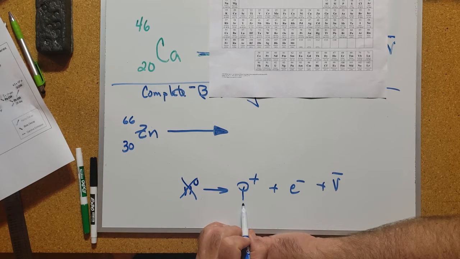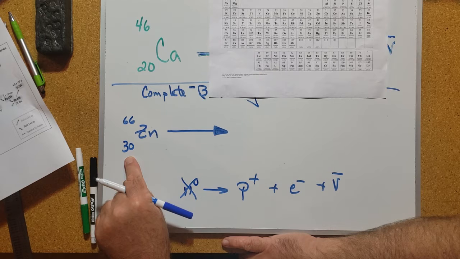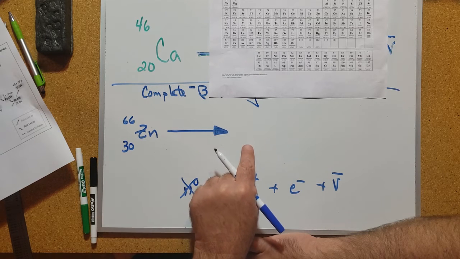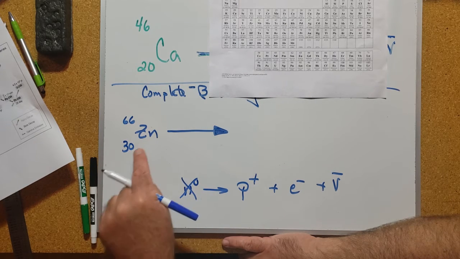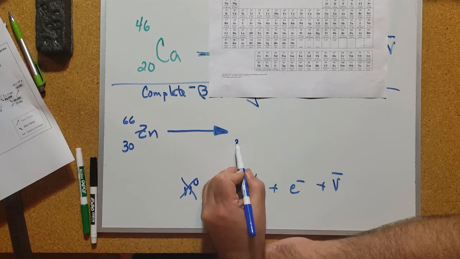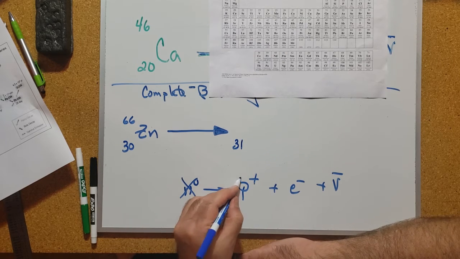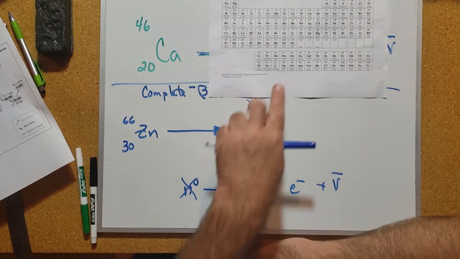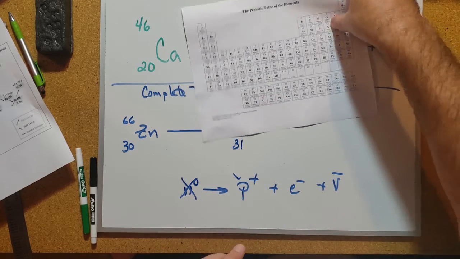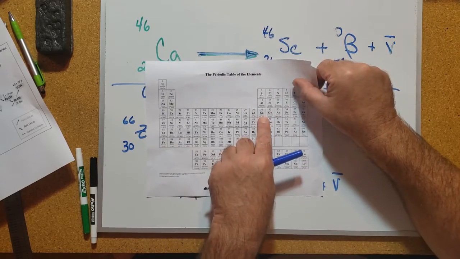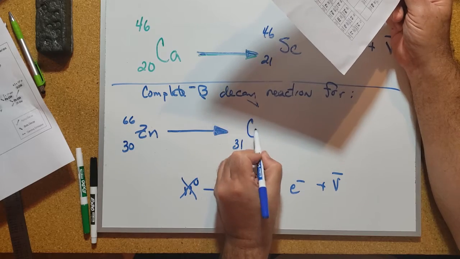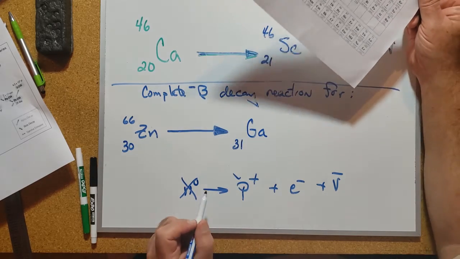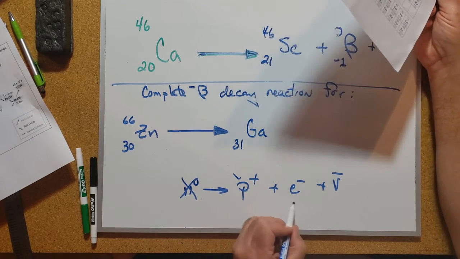It changes into a proton, which remains in this nucleus. So there we go. That's our first thing here, that our zinc with 30 protons becomes something new with 31 protons. What is 31 protons? Well, we look on our periodic table. 31 is gallium, so we can put a Ga right there. Plus my beta particle.